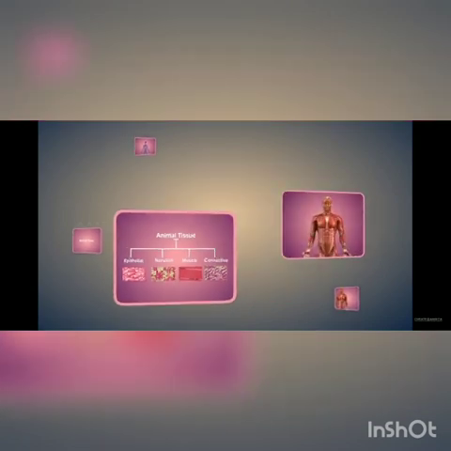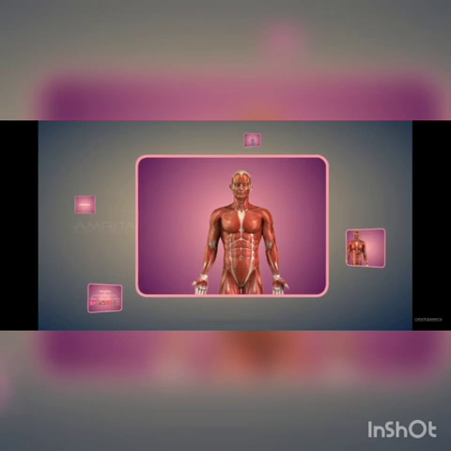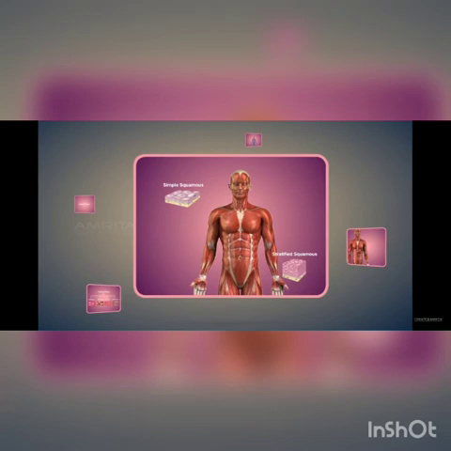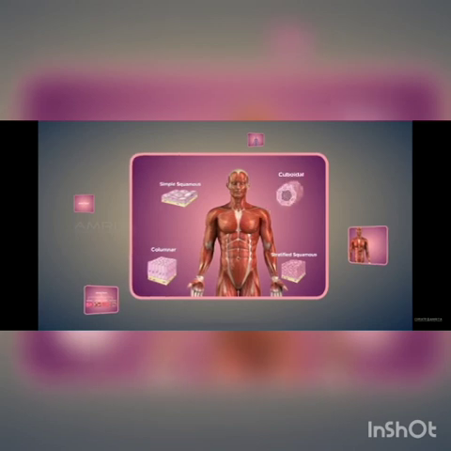Epithelium is the outer covering. It is present in epithelial tissue in many kinds: simple squamous, stratified squamous, columnar, and cuboidal.